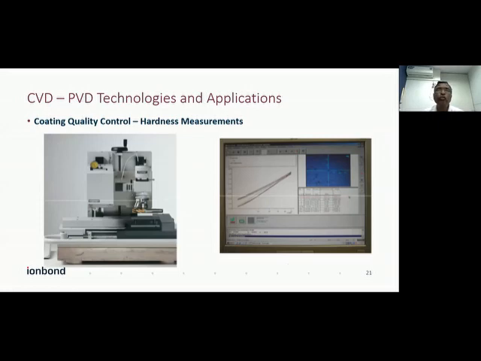So we need the nano indentation hardness tester, where we can apply a load of just 1 gram or 2 grams. So the indentation will be only in the coating of 5 microns or 10 microns, and we can have the true coating hardness.